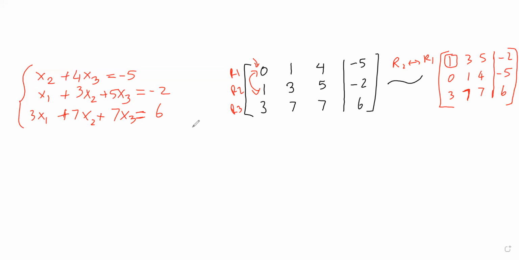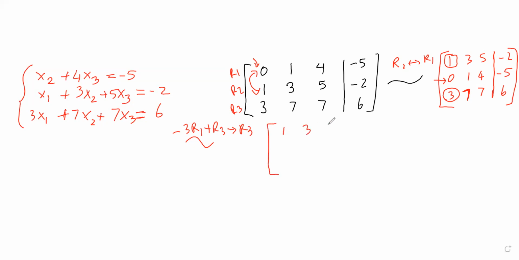Now the next row operation will be, see, this position is already 0. We don't need to do anything there, but we have to make this position 0. So I will multiply the first row by -3 and add it to the third row and put my answer in the third row again. And that will be this.